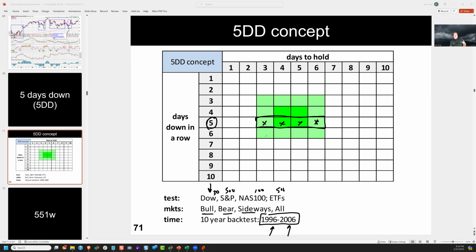But the sweet spot for Connors' work was that if you look for 5 lower closes, so now that's the pattern.